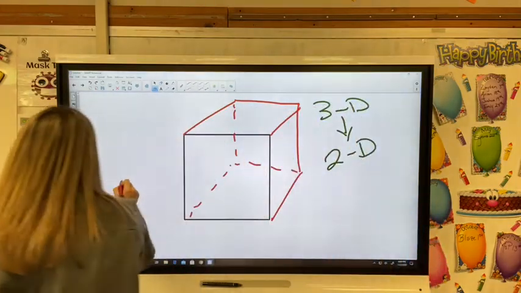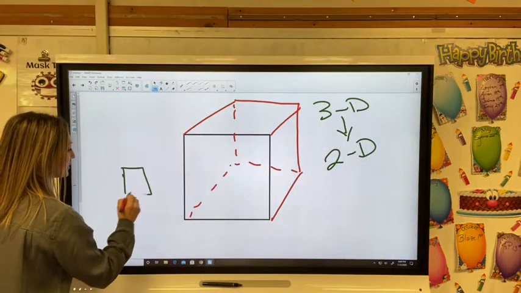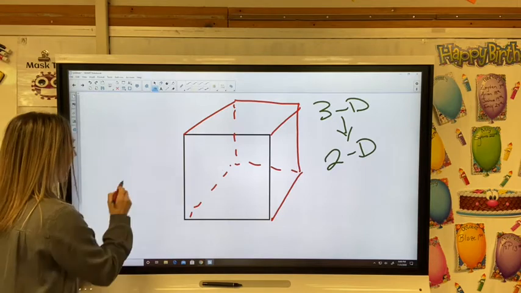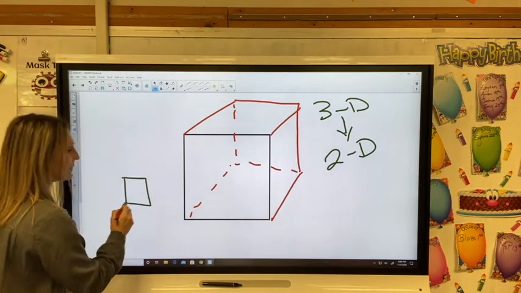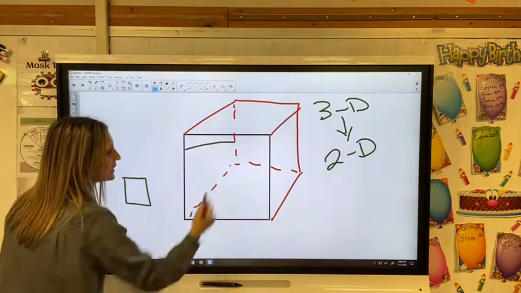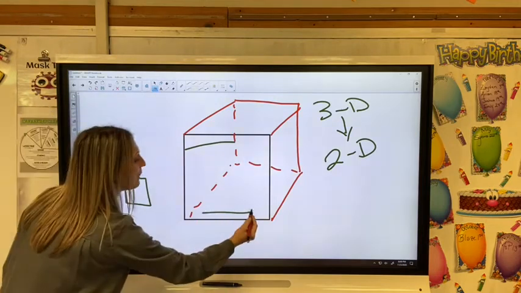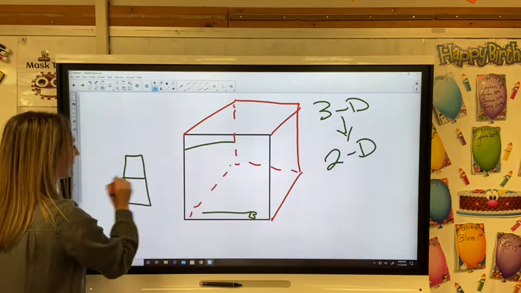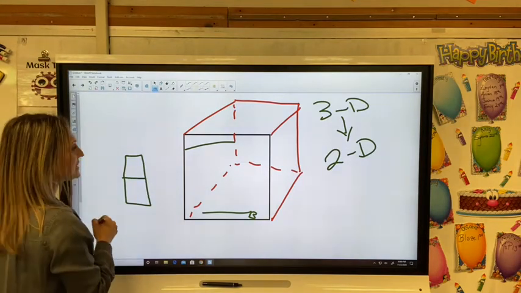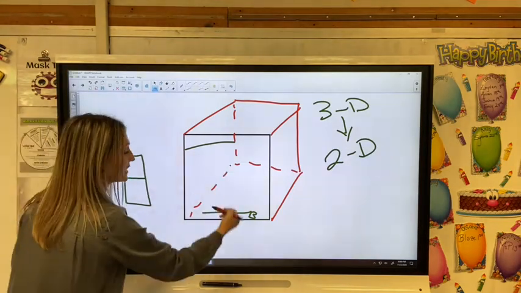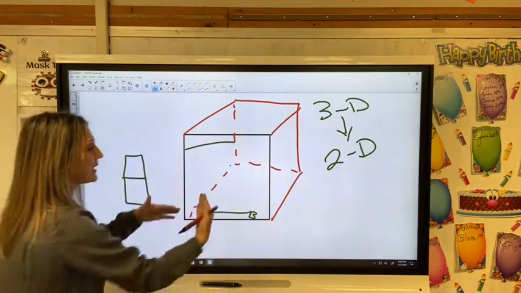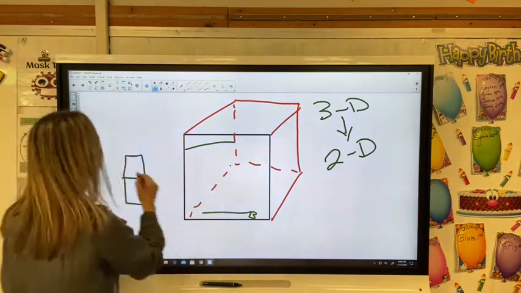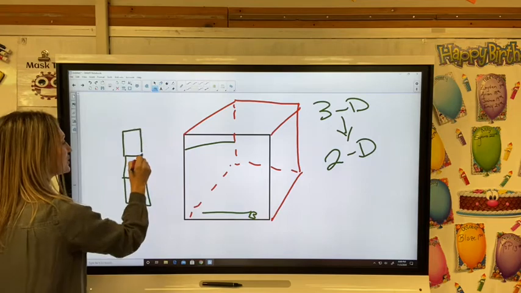So I know the front is a square. So that's this right here, covered. I know the bottom right here is a square, so I'm going to add it on. Again, not very pretty, but you get the gist. And then, so that's the front. It just folds out. The bottom stays. The back is going to drop down. There's the back.